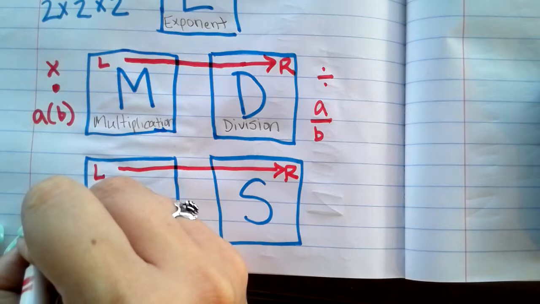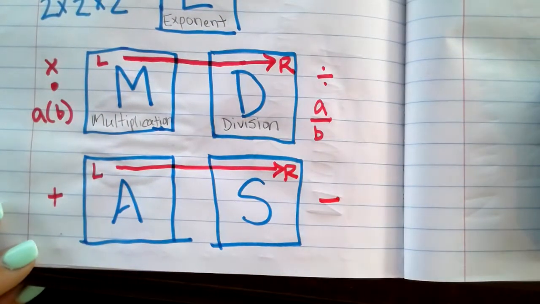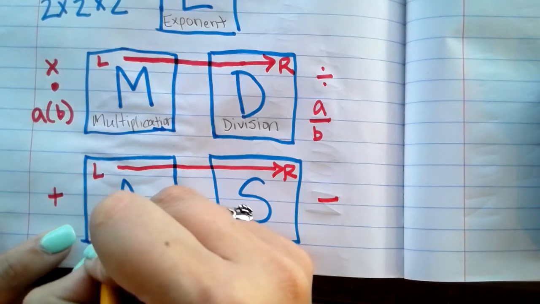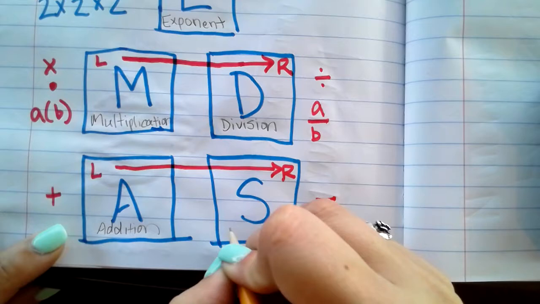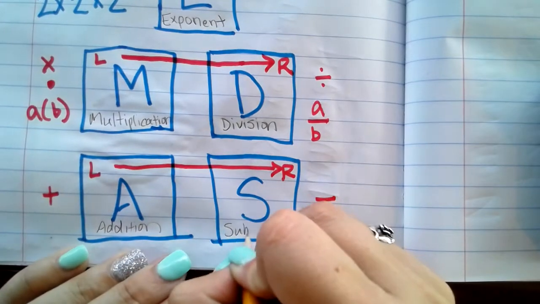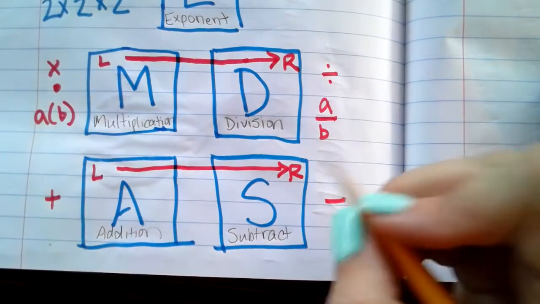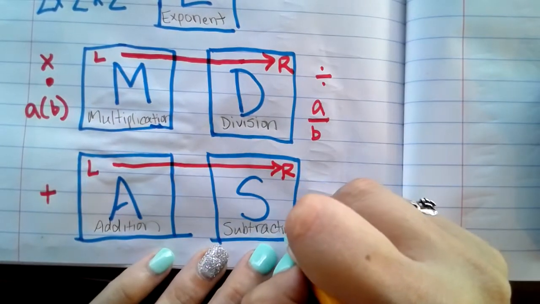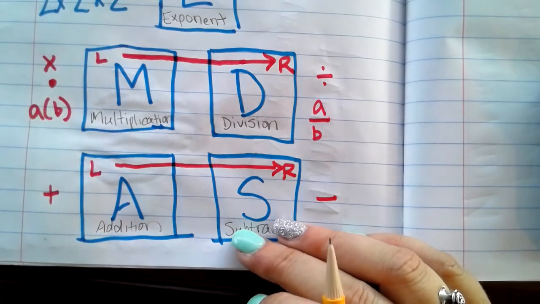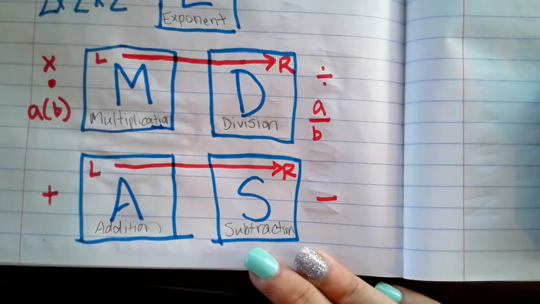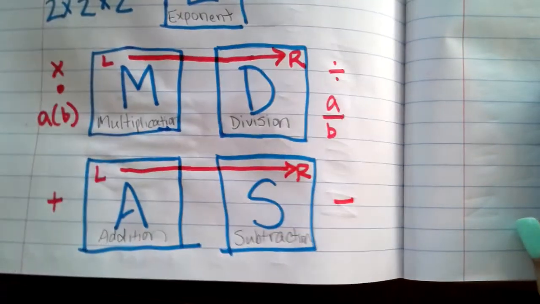So over here, I know that an addition sign is here and a subtraction sign is here. And then inside of this, I want to write what the A stands for, which is addition. And then the S stands for subtraction. Or subtraction.